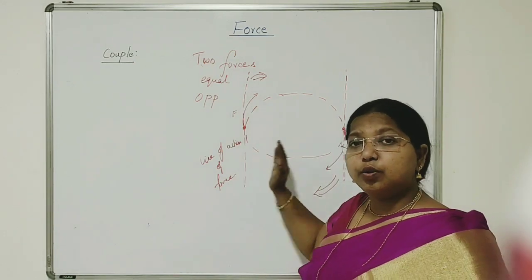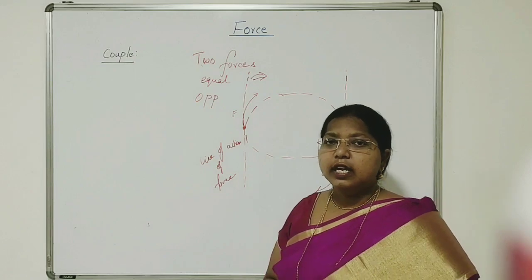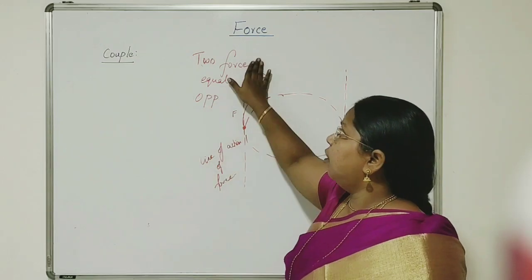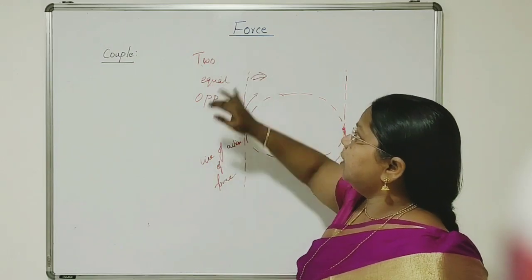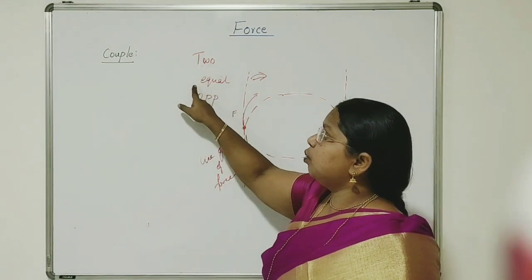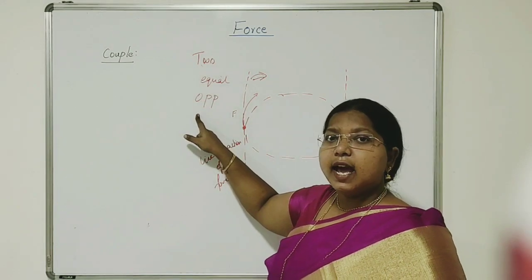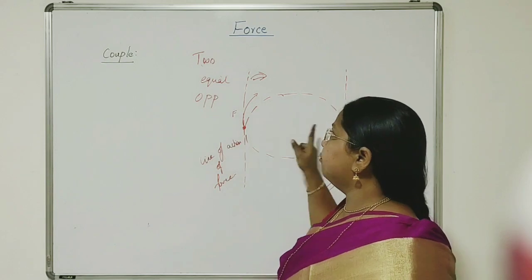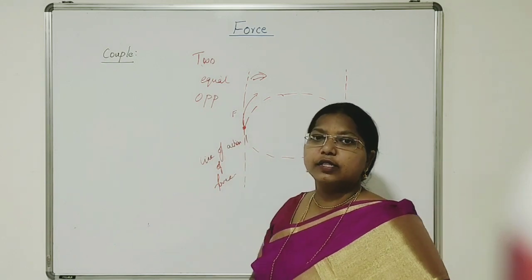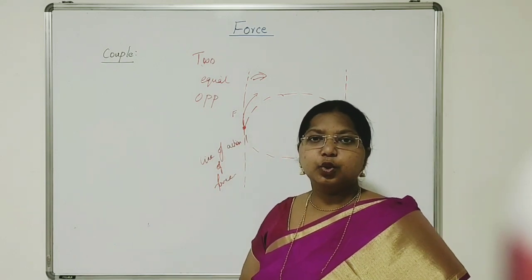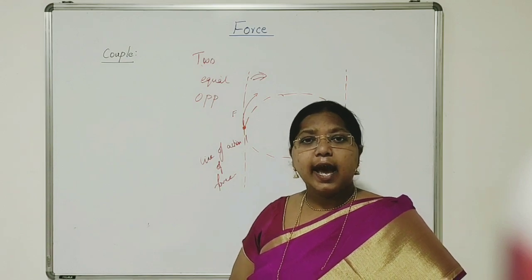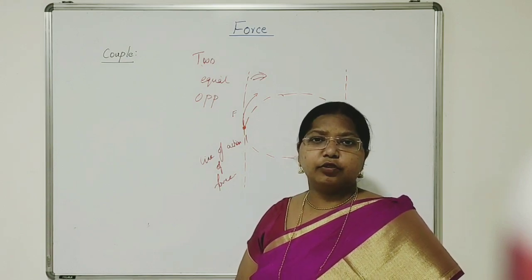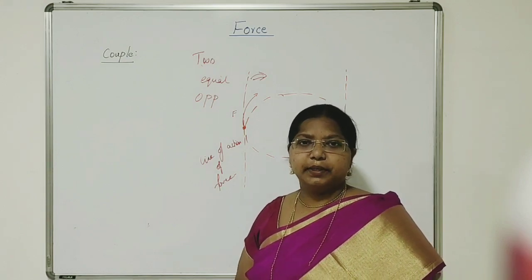They are acting on two different lines of action of force. Now coming to the conclusion, what is a couple? Clearly, two equal and opposite forces acting on two different lines of action of force constitute a couple.